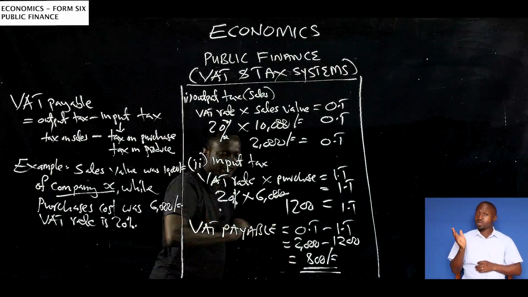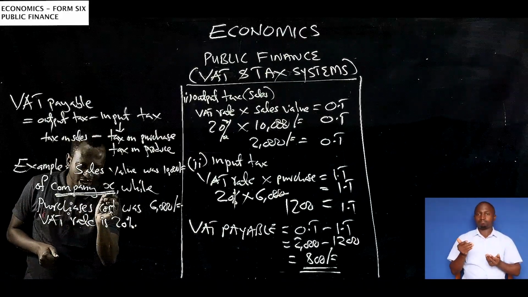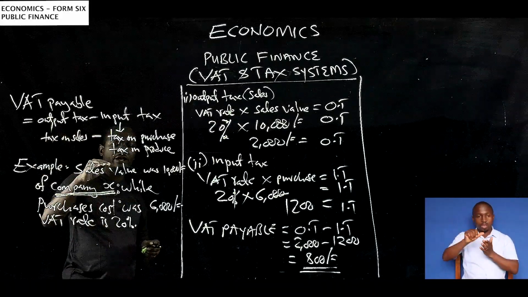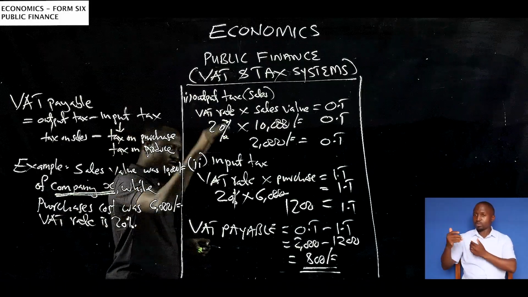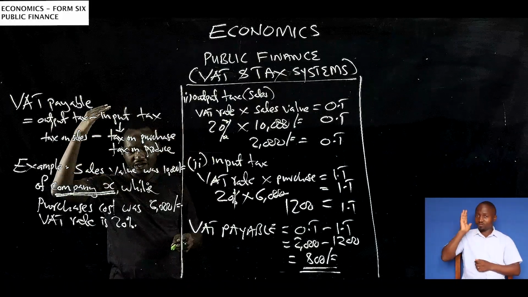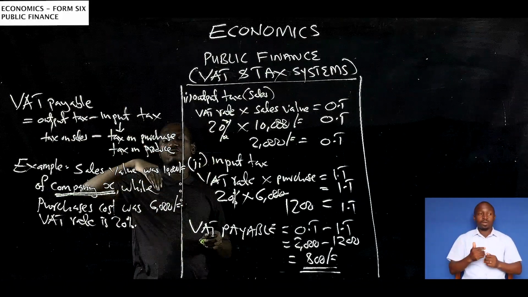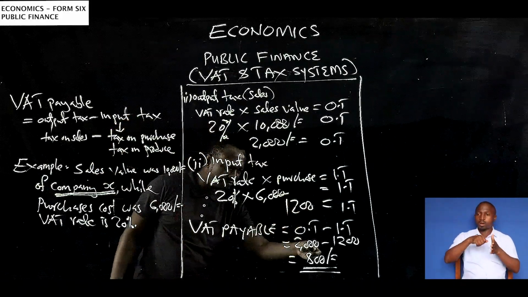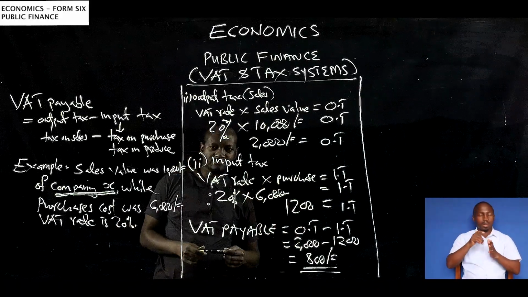This will be collected and paid by company X to the government. And if company X sells to company Y, company Y has to find VAT payable like this. If company Y sells to company M, it will also find this. And at the end, the whole burden will go to the final user, because at each stage, this VAT is charged up to the final user.